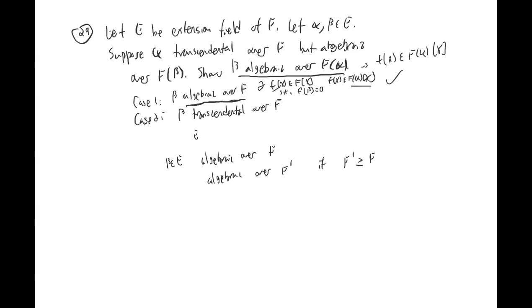Think of an example: if you're algebraic over Q, you're algebraic over R. If there's a polynomial over Q, say x squared plus one half x plus 2, and beta is a root of this, then beta is certainly algebraic over R, because you just take the same thing.